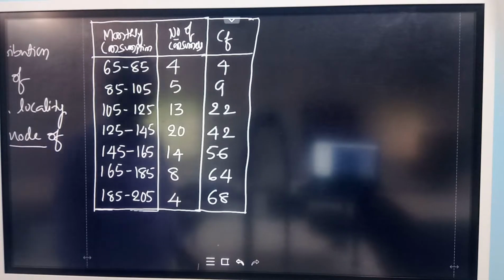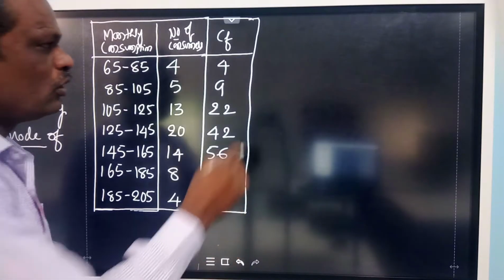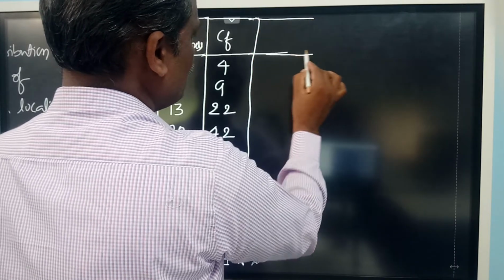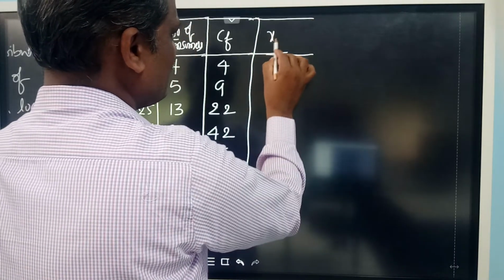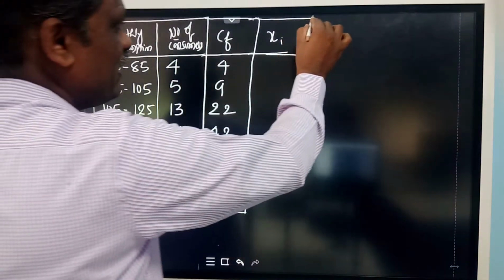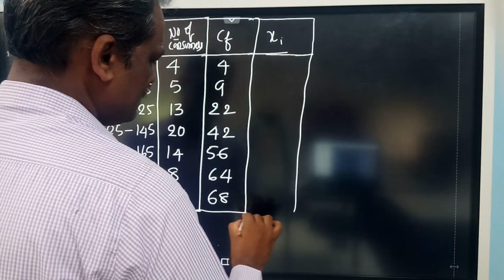To calculate the mean as well as the mode, we need another column, xi, the midpoint of the class interval.